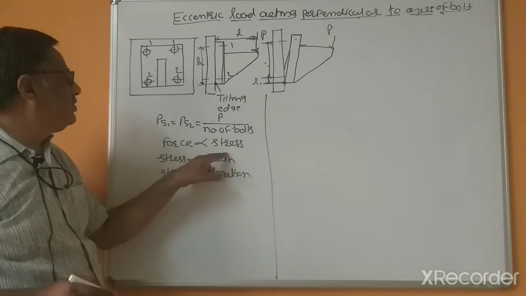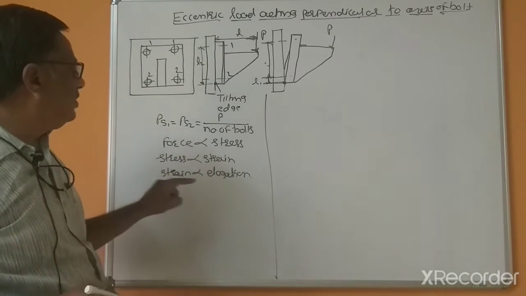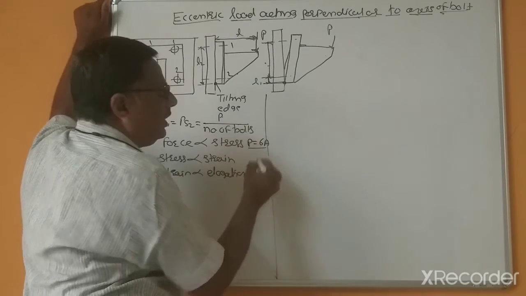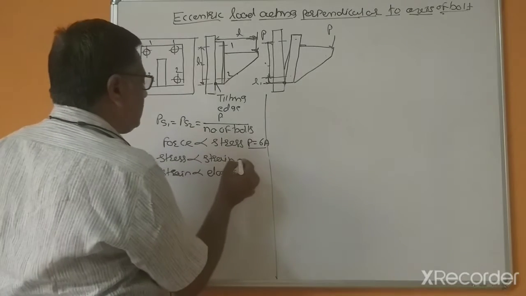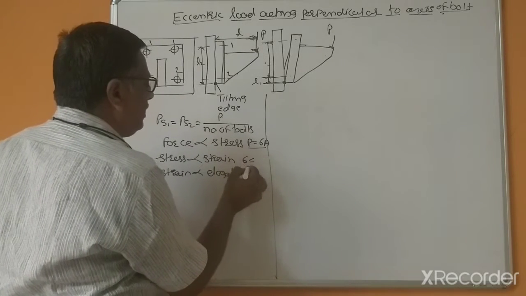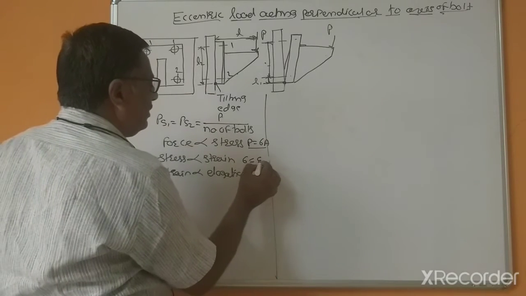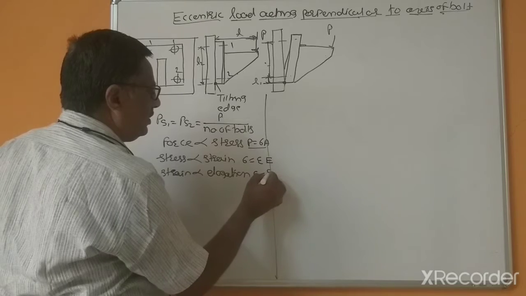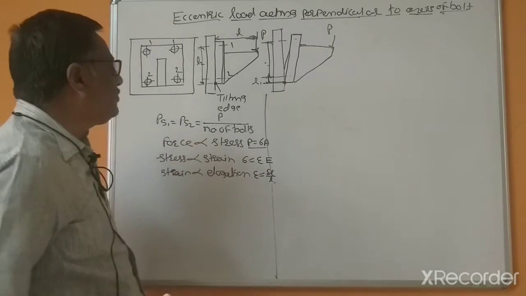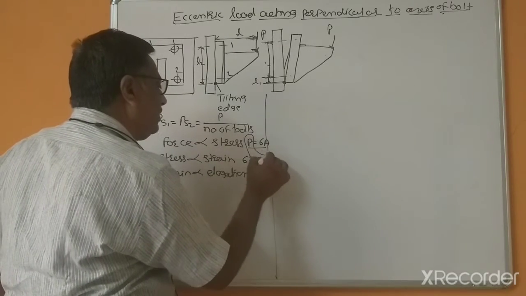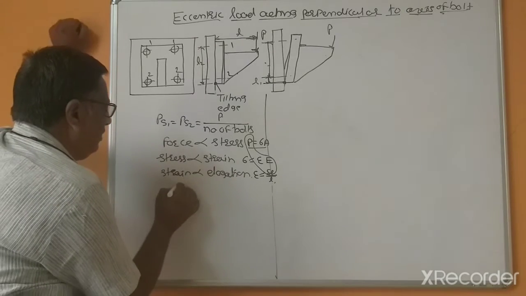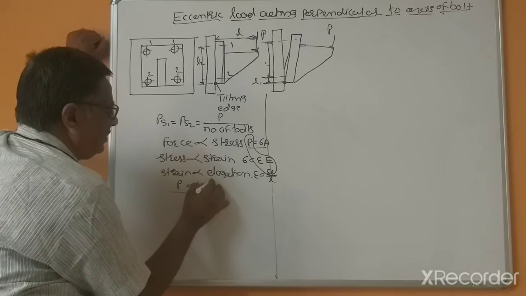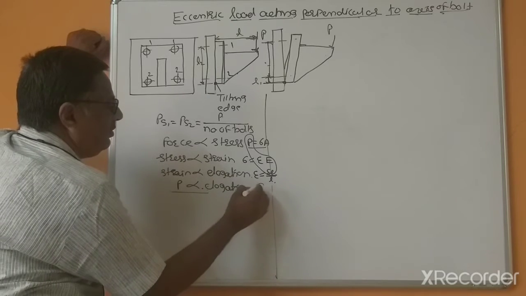So we can write the equations: P equals sigma times A, and sigma equals E times strain, where strain equals delta L by L. So we can conclude that P is directly proportional to delta L, that is, to the elongation, and that may be delta.